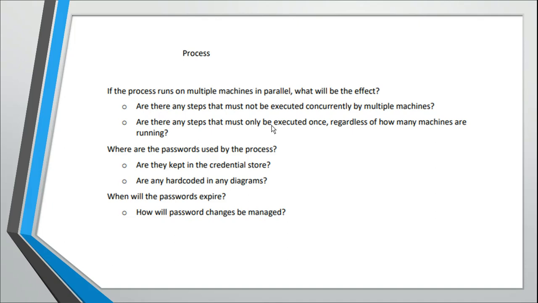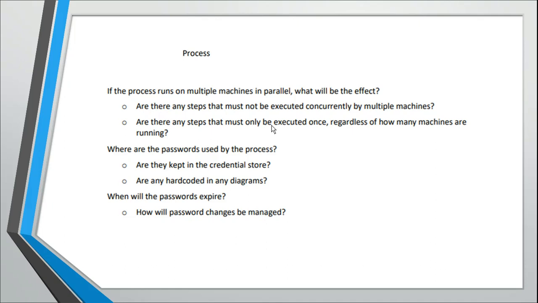If any impact will happen, we have to mention it, and mention any steps that must only be executed once, regardless of how many machines are running. Whether the steps are the same, different, or concurrent parallel execution, these steps have to be mentioned in the SDD.